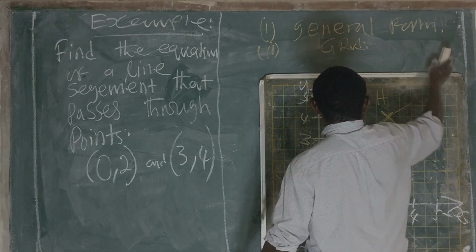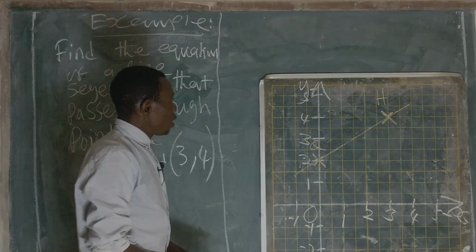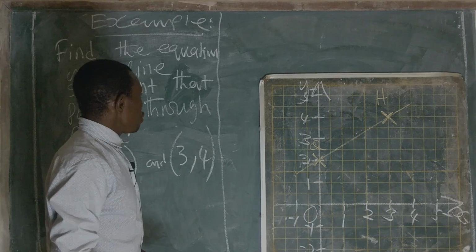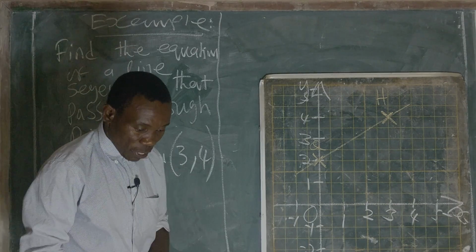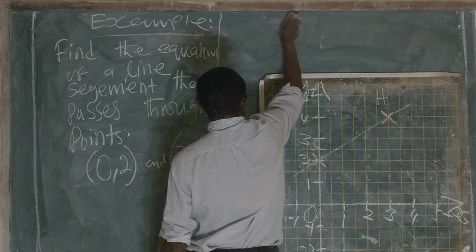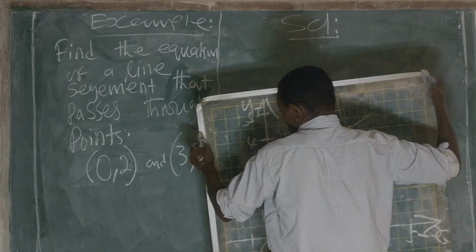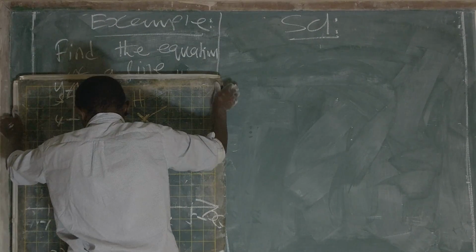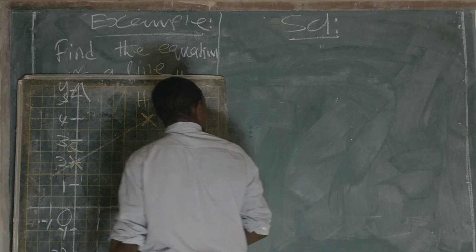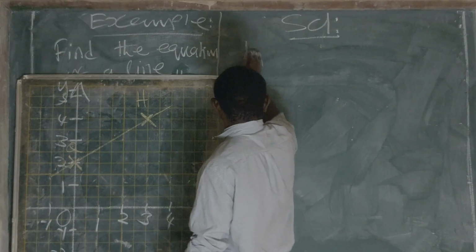The good example is here, and the line has already been drawn on the graph board. Right. So what we need you to do in the first method, by knowledge of gradient, is the following. Take note first that this line is passing through 2 points.